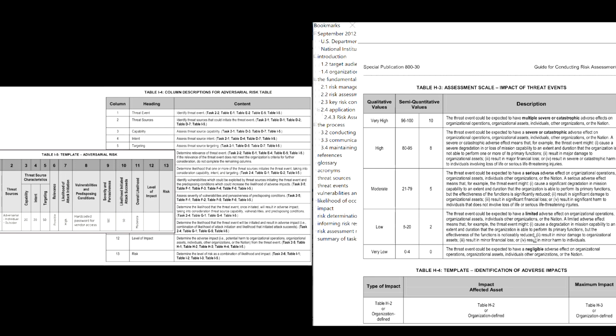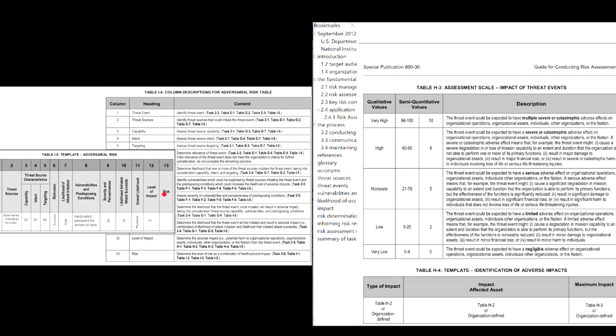It's very high, but it's not negligible for sure, and it's not limited. I think it's serious. It's a serious effect on my operations because they get information about how my network is. Maybe they steal information from computers. So I think it will have moderate impact on my organization. So I also mark that. I put the value 60, a bit on the higher end of the moderate bracket, 20 to 79.